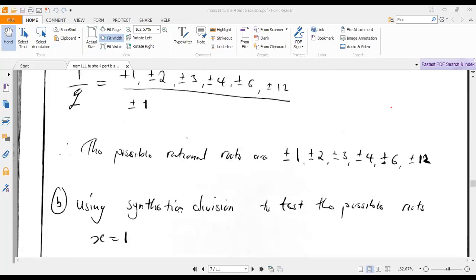Now, our next question is telling us to use synthetic division to test the possible roots to find the actual root.